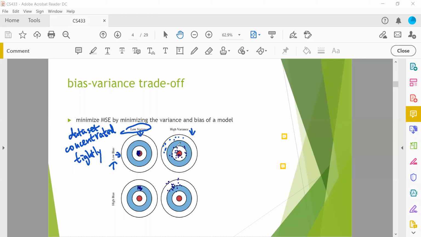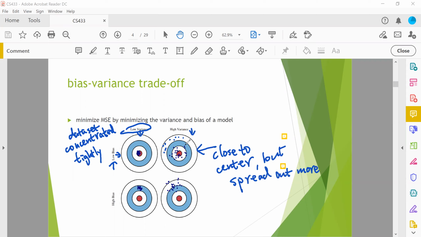It's still kind of close to the center, but spread out more. That's why we say it's a high variance and a low bias.